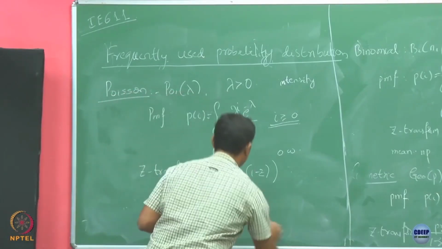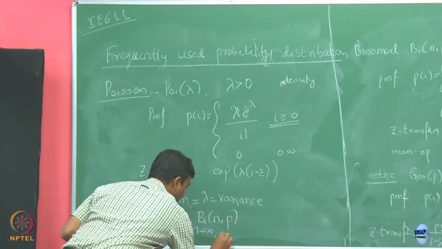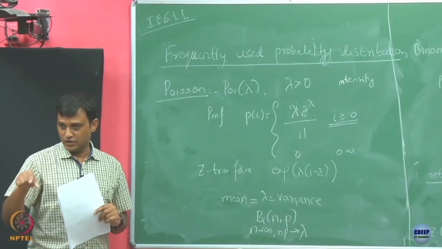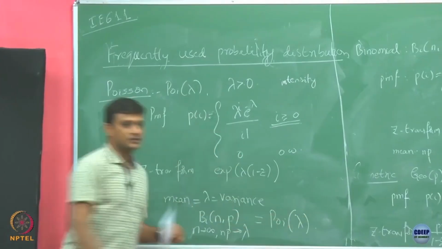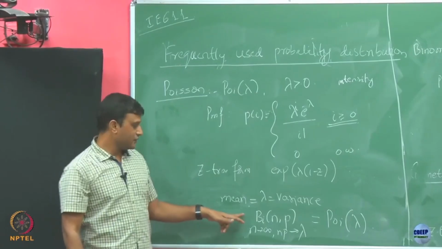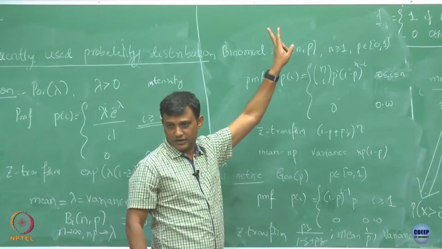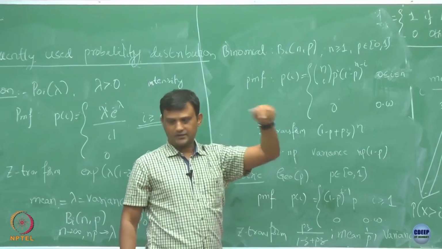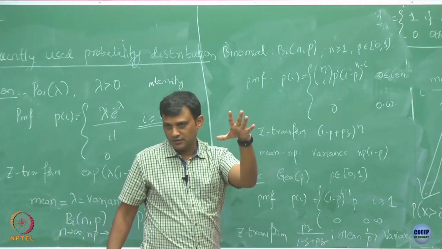When you have binomial with parameters n and p, and you let n go to infinity, but in a controlled fashion such that the product np goes to lambda, this will equal Poisson with lambda. You understand this notation? If you have a binomial distribution, you let n go to infinity, but p go to 0. That is, we have a large population, but success in each round is very small.